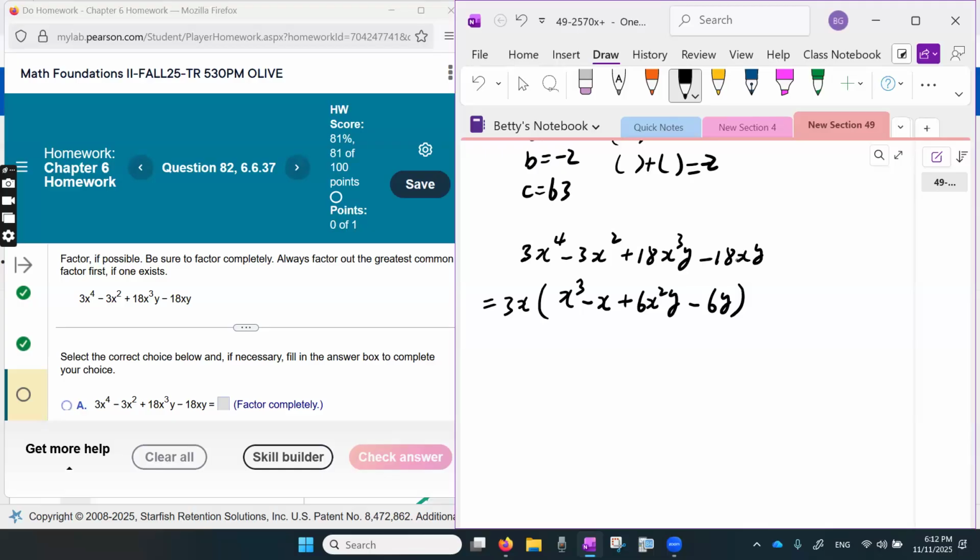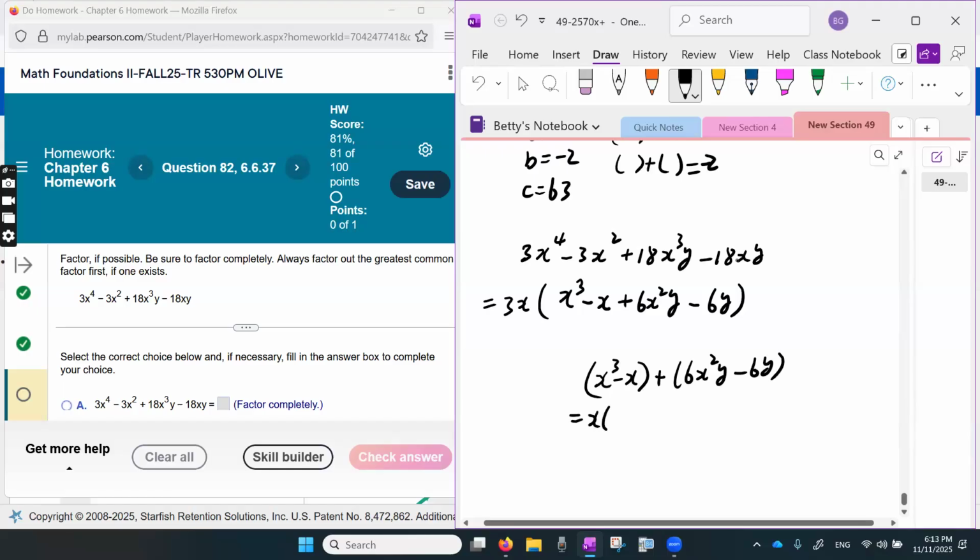Okay, so we're going to group. X cubed minus x plus 6x squared y minus 6y. First group, factor x out: x squared minus 1. Second group, factor 6y out: x squared minus 1. So they have a common binomial factor x squared minus 1, and we have x plus 6y.